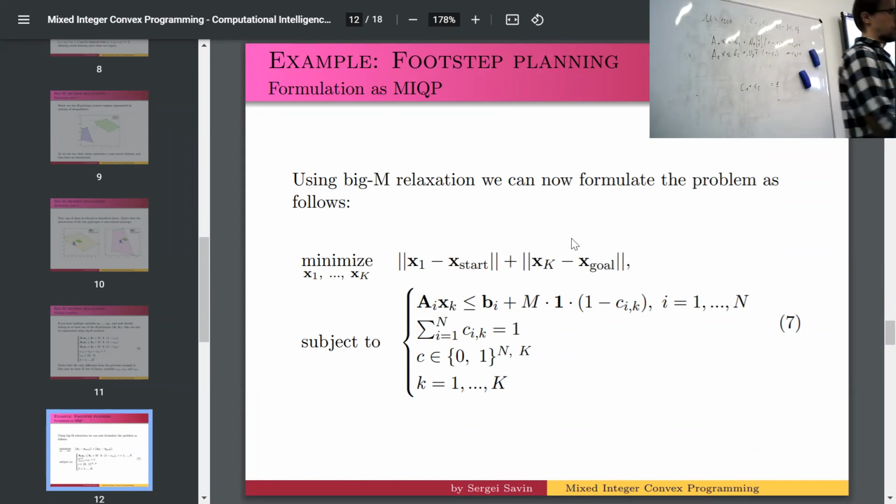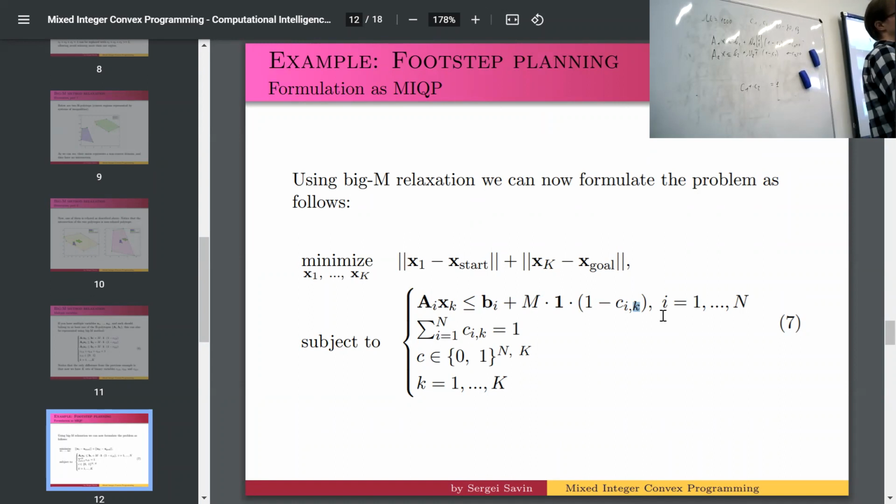We write our footsteps to be inside the A-B polygon, which is relaxed with BigM. And we say that for each footstep, notice subscript k here, we'll have a separate set of c variables: c11, c12, c13, c14 for x1.